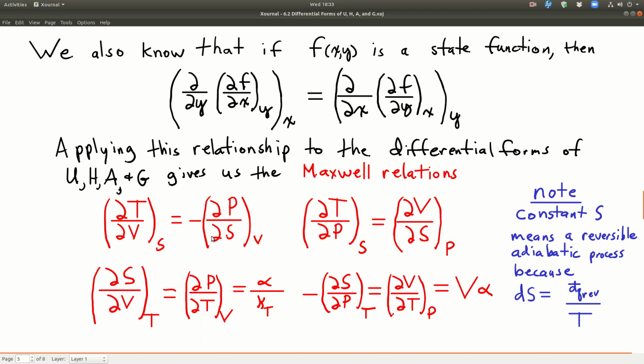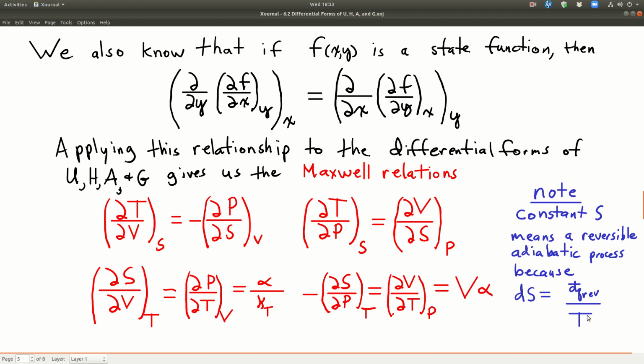Notice in this first row here, we have a partial with respect to V at constant S, constant entropy, right? And partial T with respect to P at constant entropy. So it's useful to keep in mind what it means for something to be at constant entropy, because dS is equal to d-bar q reversible over T. If S is constant, that means dS is 0.